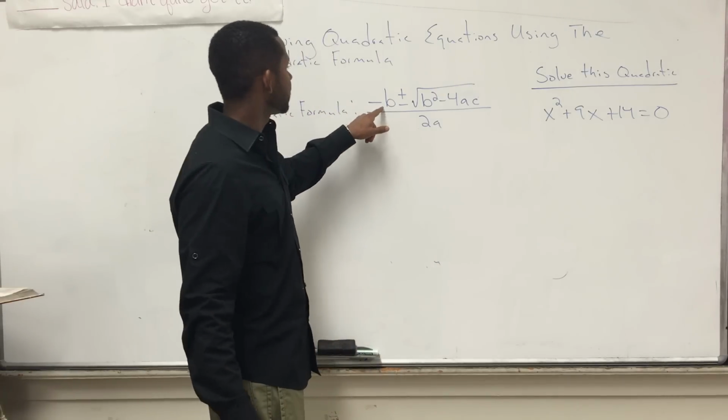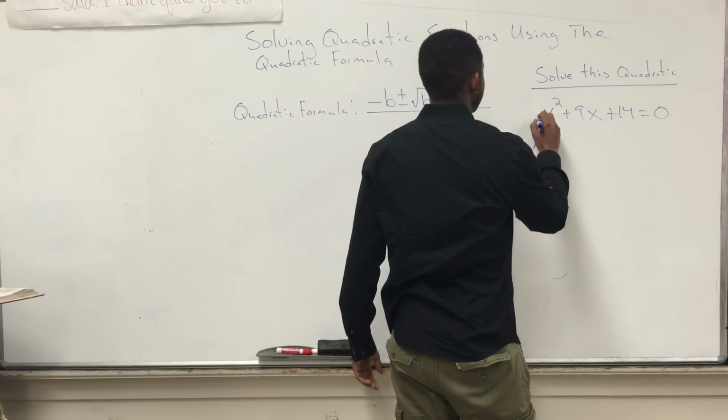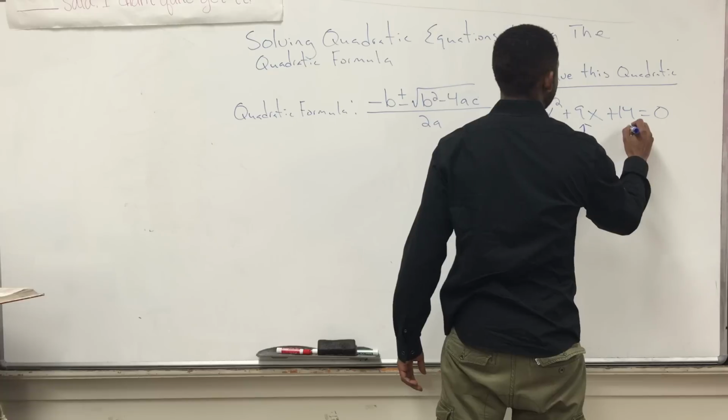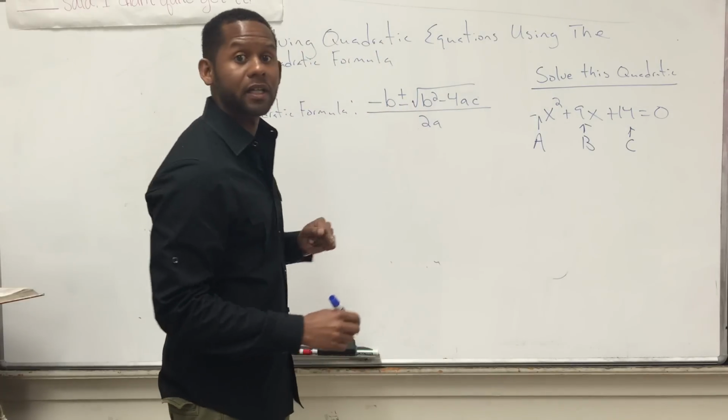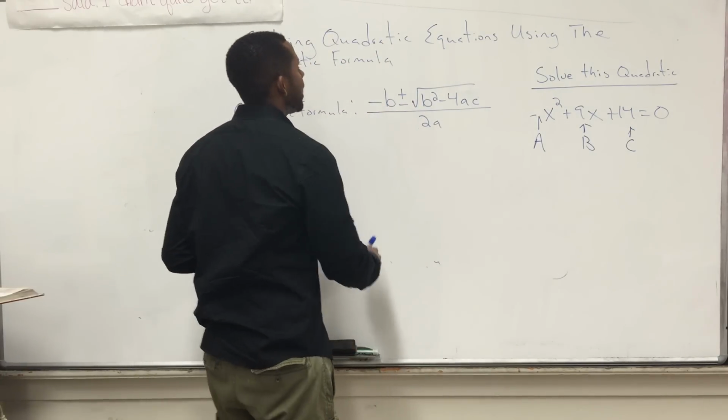So, notice, we see b's and a's and c's. Remember, we have my a value, my b value, and my c value, and we use those values to plug into this equation. You go ahead and plug it in while I do.